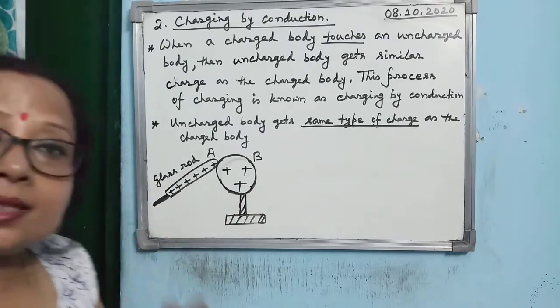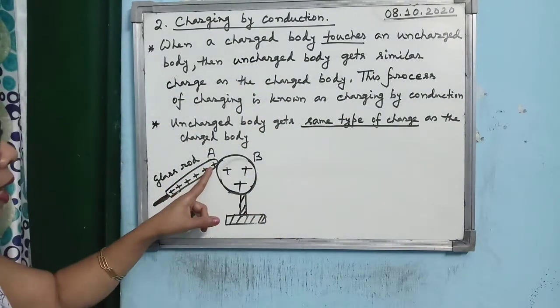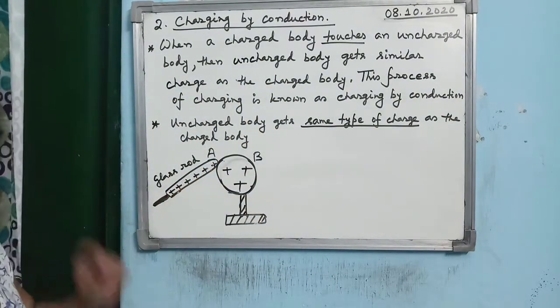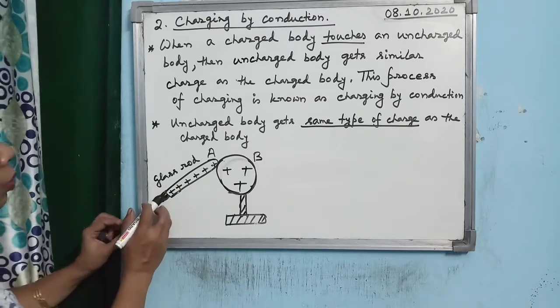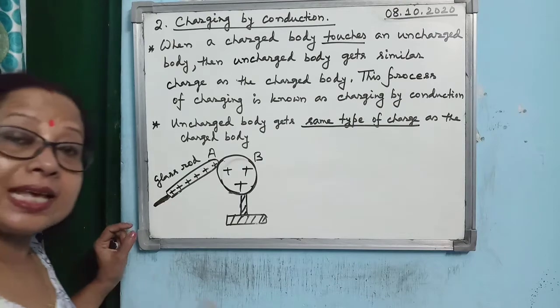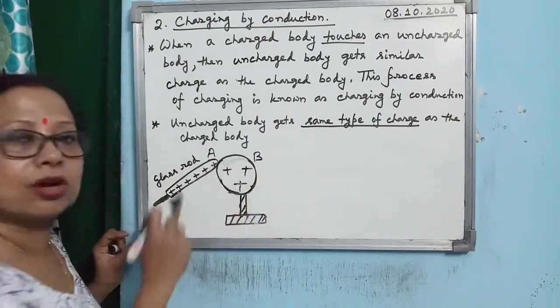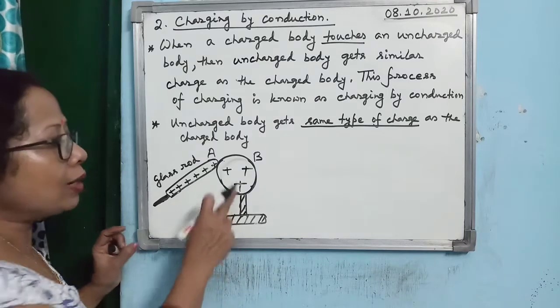Now understand actually what is happening. Positive charge means it is having fewer electrons. Suppose 1, 2, 3, 4, 5, 6: positive charge means 6 electrons are less here. And B is having 6 electrons extra.